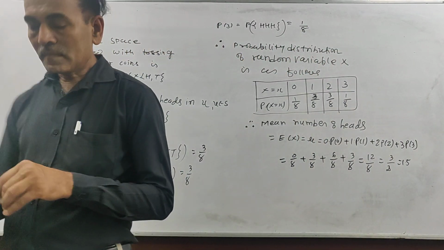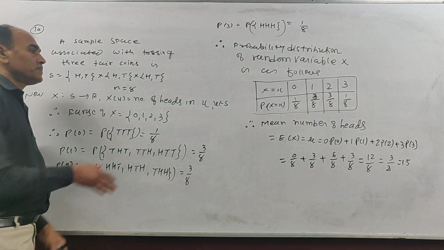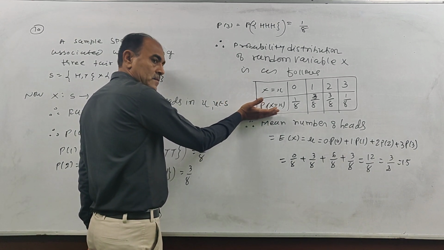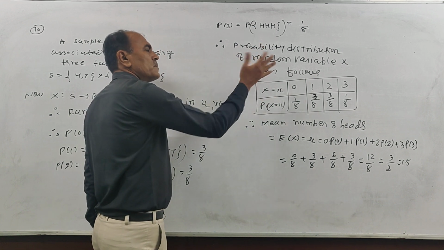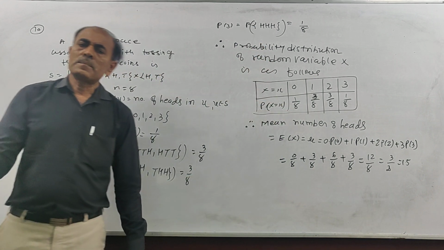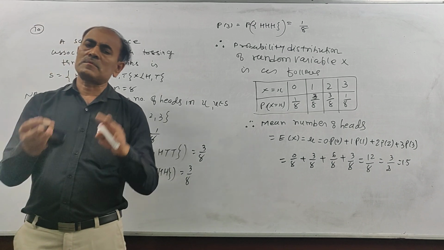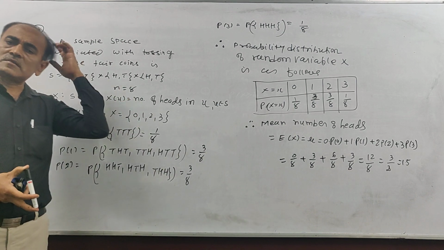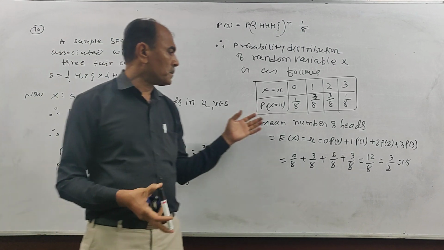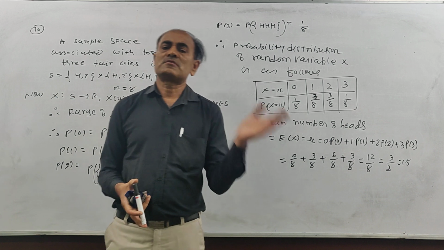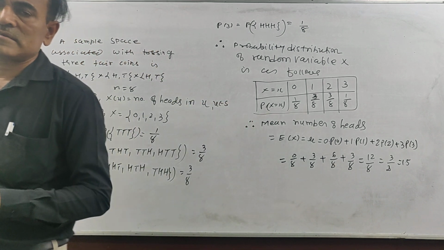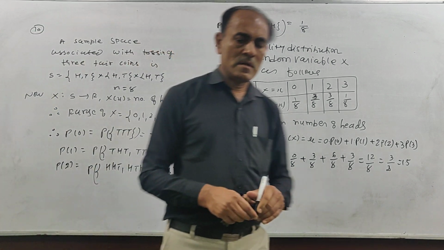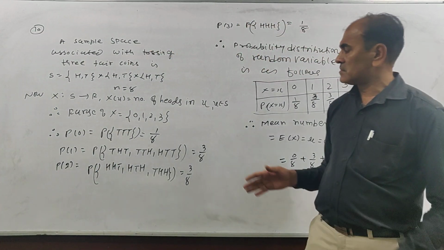So, after finding the probability distribution up to example number 9, what we are doing is just finding the probability distribution, or the probability distribution is given, then some question based on that. Now from question number 10 onwards, they want mean, standard deviation or variance. Clear? Today let us see up to this stage.